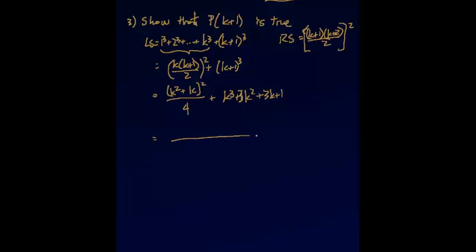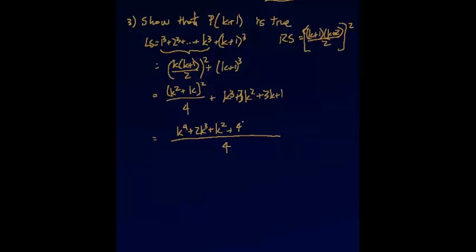So here, let's bring everything over 4. So (k squared plus k) squared is equal to k to the power of 4 plus 2k cubed plus k squared. Basically, what I did was square this term, and then square this term, and then plus 2 times this term times this term. If you don't know that shorthand, it's fine. Go ahead and expand that, and then you'll find the exact same result.